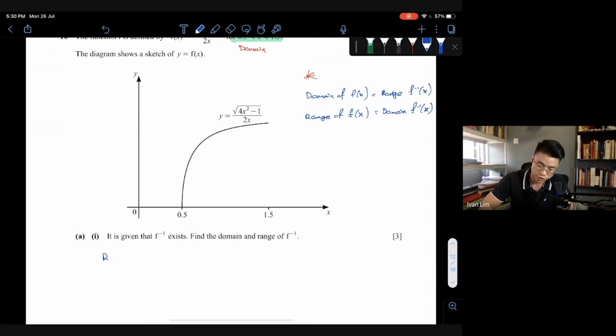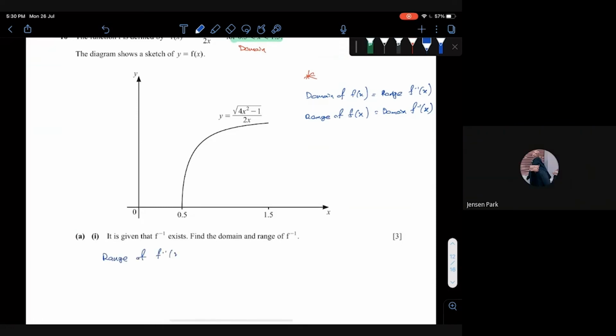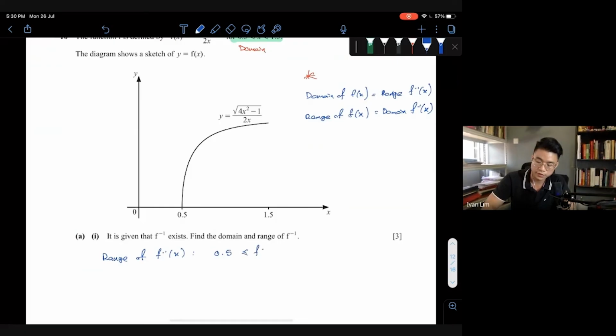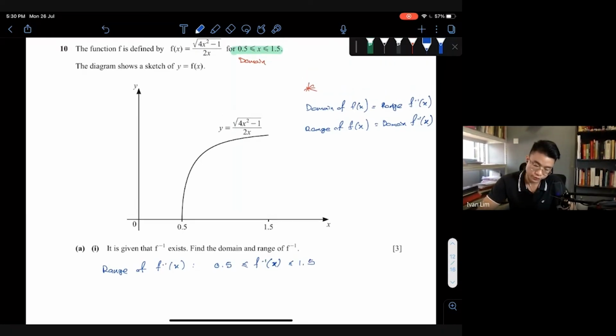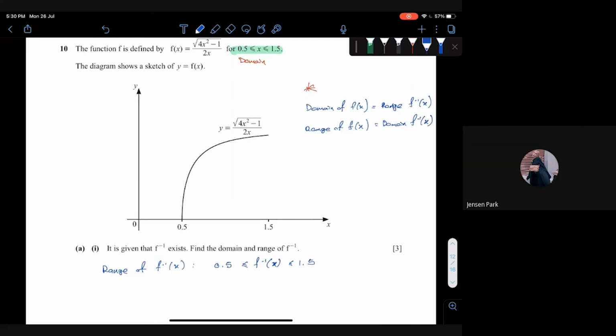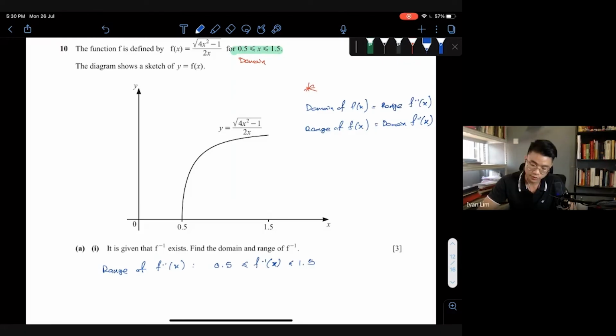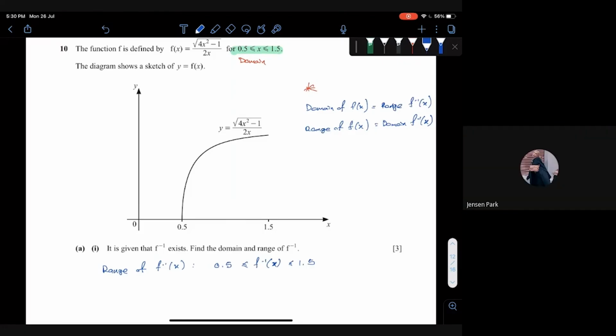The range of f inverse x: 0.5 less than or equal to f inverse x less than or equal to 1.5. Okay, how do we find the range? Domain or range? The domain. I sub 1.5 inside to find the largest value.